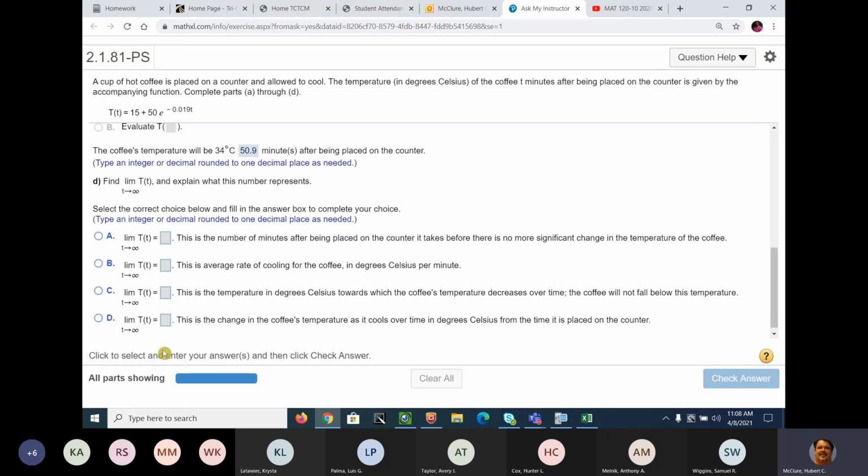So even if we started at, what was it, 65 degrees? Was it 65? Somebody help me out. Yeah, 65 degrees Celsius, even though t is going to infinity, we're not going to get past room temperature.